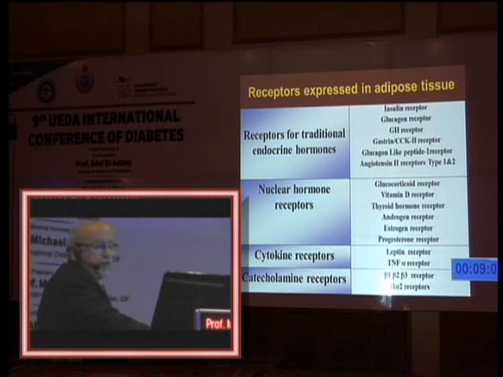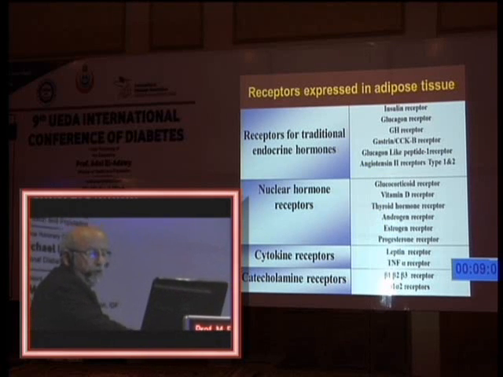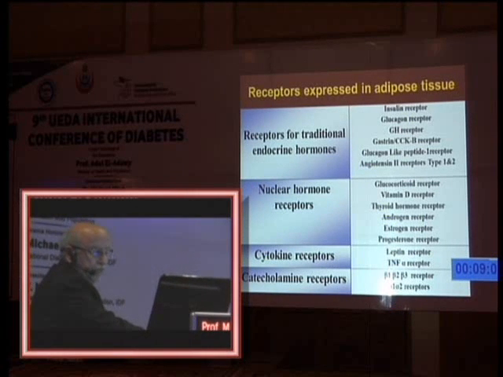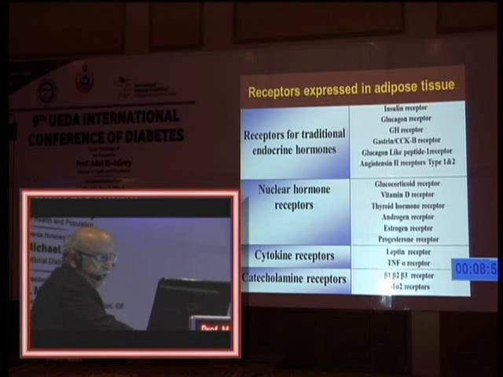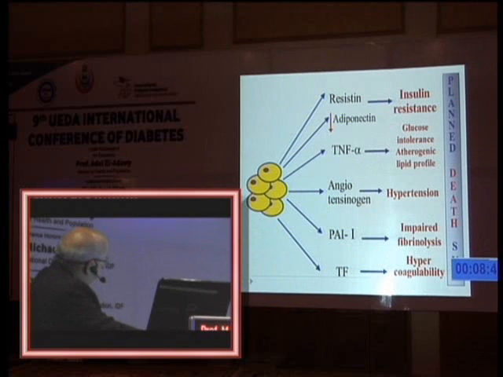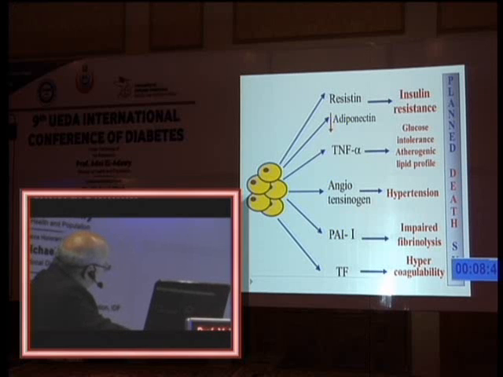Nuclear hormone receptors for glucocorticoid, vitamin D, thyroid hormone, androgen, estrogen, and progesterone receptors are present. And cytokine receptors for leptin and TNF-alpha, and catecholamine receptors. Some of the functions of these substances that the fat cell, the adipose tissue, is producing.